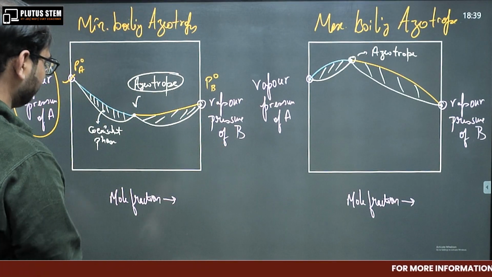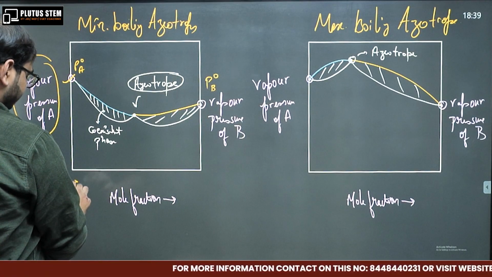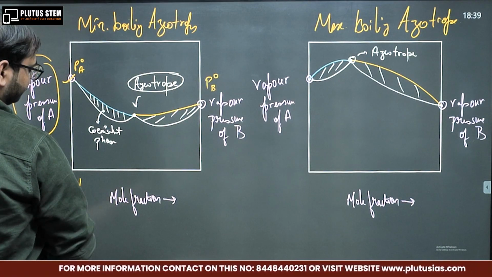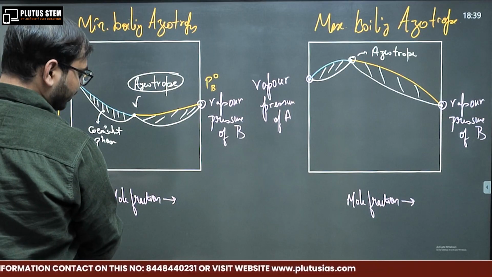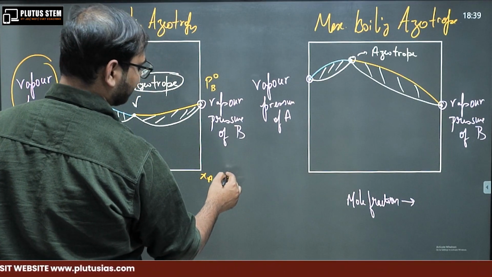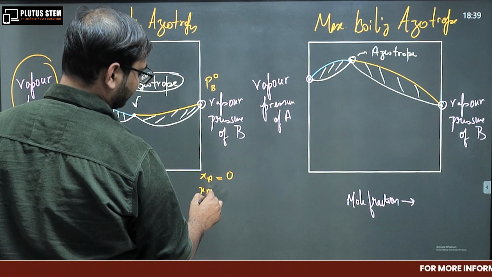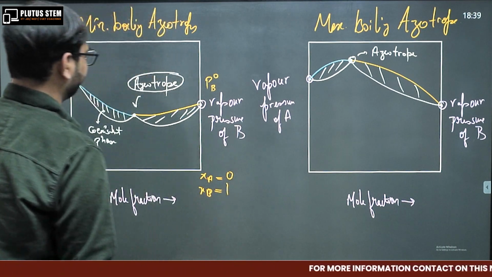In this direction you have the maximum mole fraction of A only, while XB is 0. When you start moving from this point to the right hand side, the mole fraction of A starts to decrease and reaches 0, while the mole fraction of B reaches its maximum value.